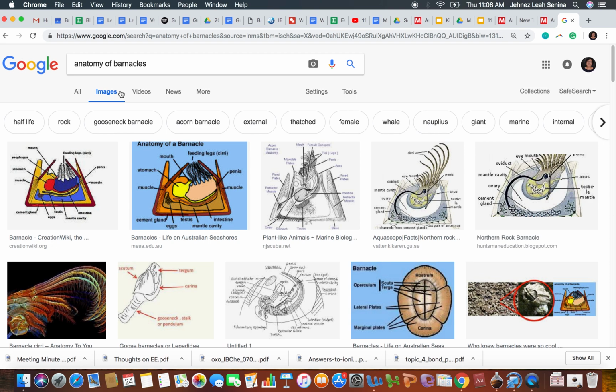What they did was they injected the bioluminescent protein from the jellyfish into the barnacle. Now what they discovered was when the muscle moves, the protein lights up. So what's the conclusion? When the muscle is moving, it was lighting up.